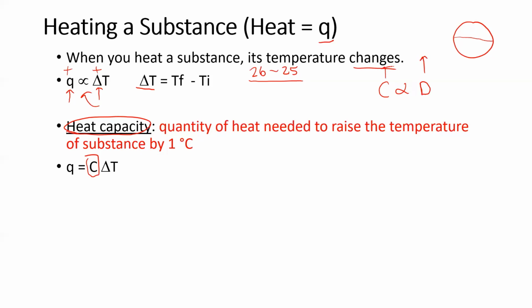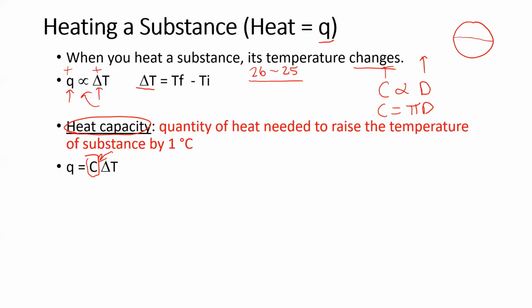Well, how do I make this direct proportionality equal? I need a proportionality constant. And what's that constant? Pi. So it's the same concept with, okay, if temperature rises, so does Q. It's directly proportional. I need a proportionality constant. Oh, what's the constant? The heat capacity of the substance that you're heating.